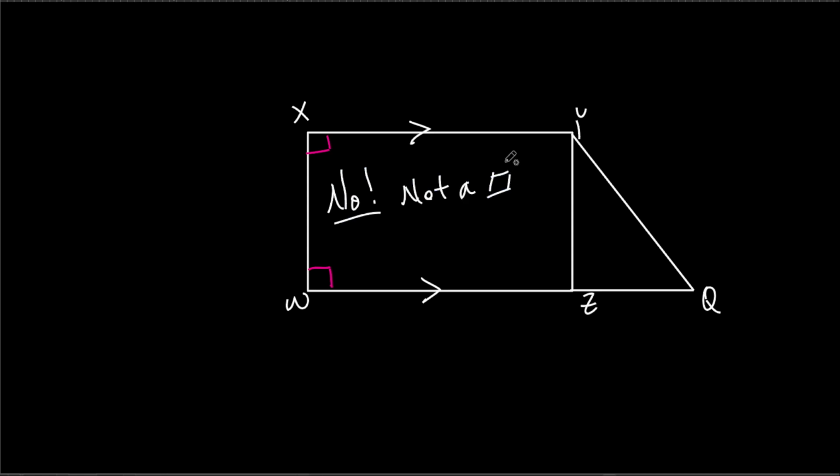Yes. If XW and YZ were equal sides, would that make it a parallelogram? No. Well, if they told you that XY and WZ were equal to each other, that would make it a parallelogram. But knowing that this and this, I'm trying to figure out a situation.